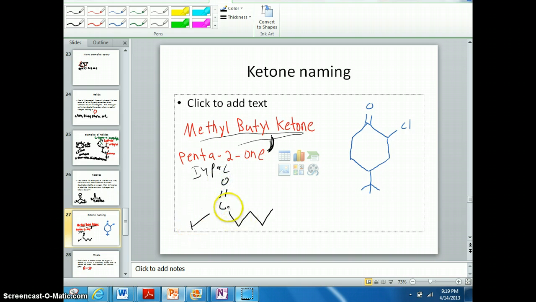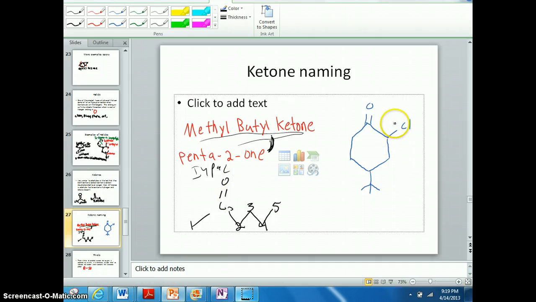So here there's our 1, this is 2, 3, 4, 5, and we can easily see how this is a pentanone. So it's at our 2 carbon, and it would be 1, 2, 3, 4, 5. So you can see how that lends itself to be written in that way right there.